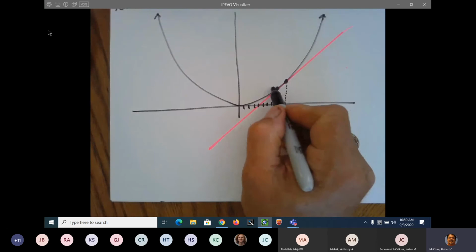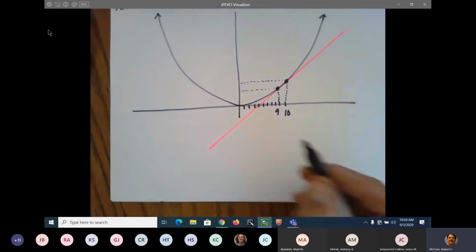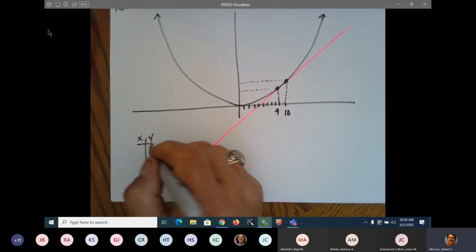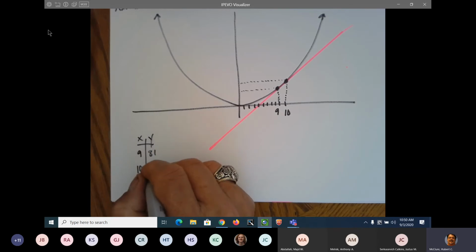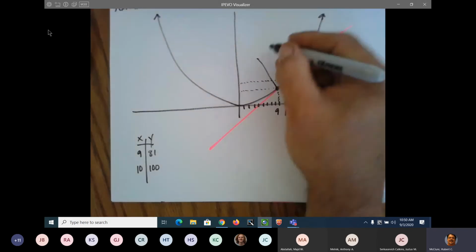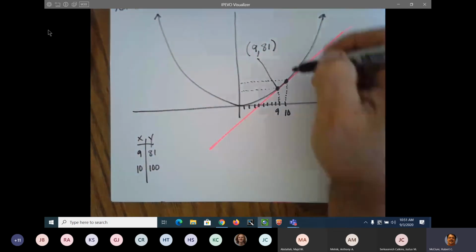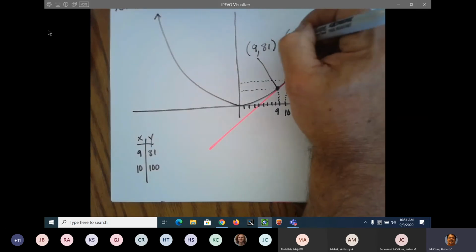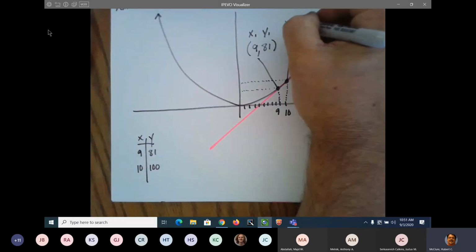So we're going to find our points according to the function. Put our handy dandy pre-algebra way back in the day. 9, 10, 81, and 100. So we know this point is 9, 81. We know this point is 10, 100. Which way do we read? Left to right. That's x sub 1, y sub 1. That's x sub 2, y sub 2.